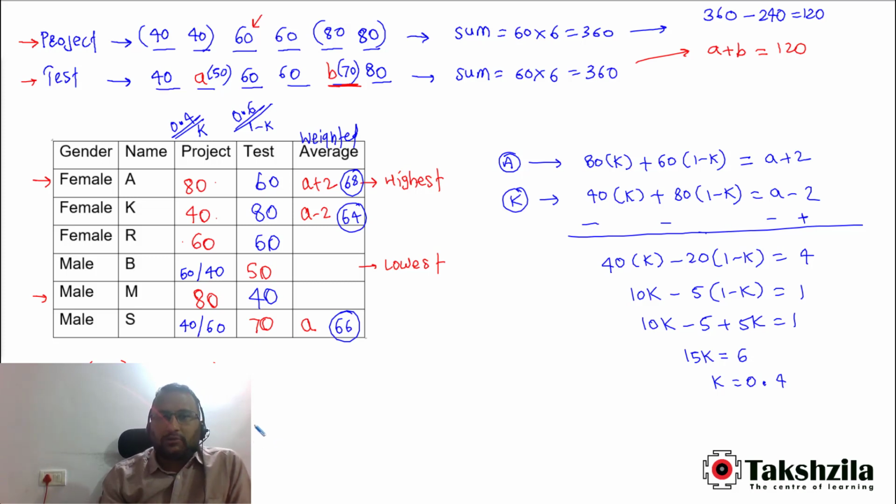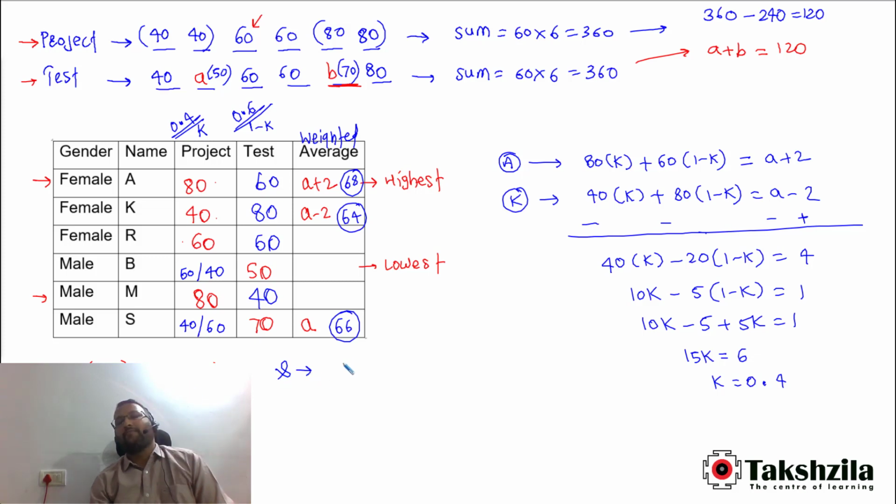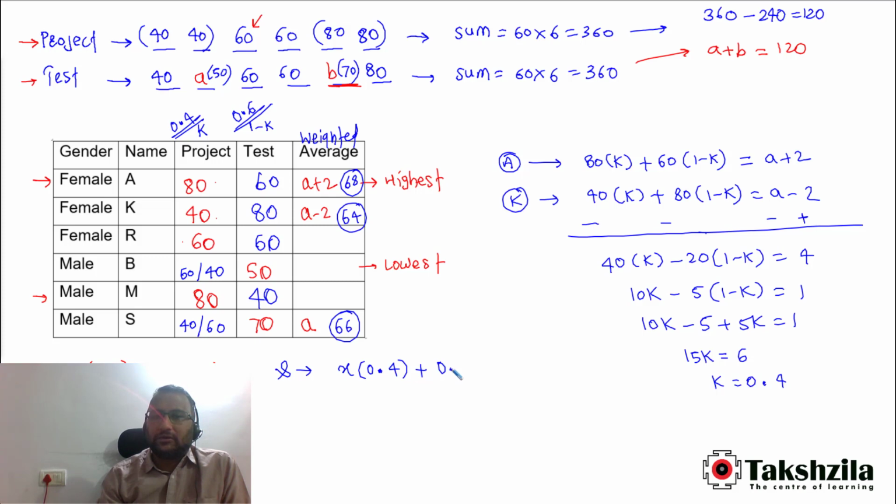So now let's talk about S. We don't know how many marks S is going to score in project. Let's say that is X. So X into 0.4 plus 0.6 into 70 is equal to 66. So let's solve this equation, everyone.